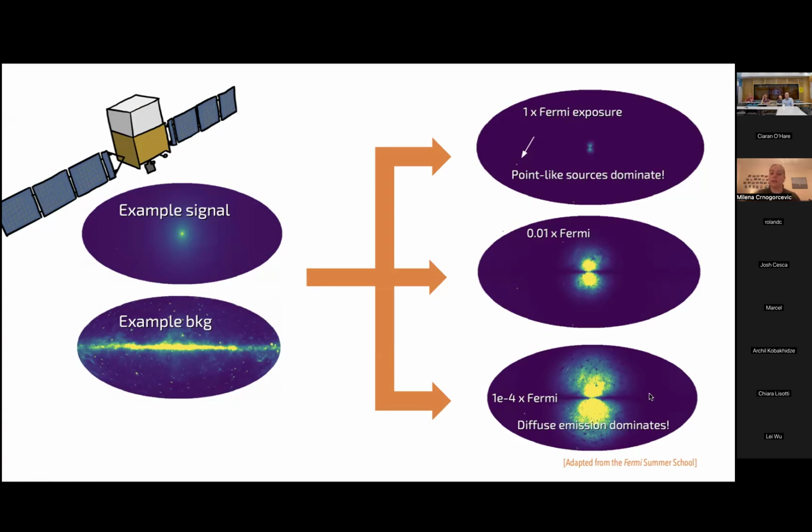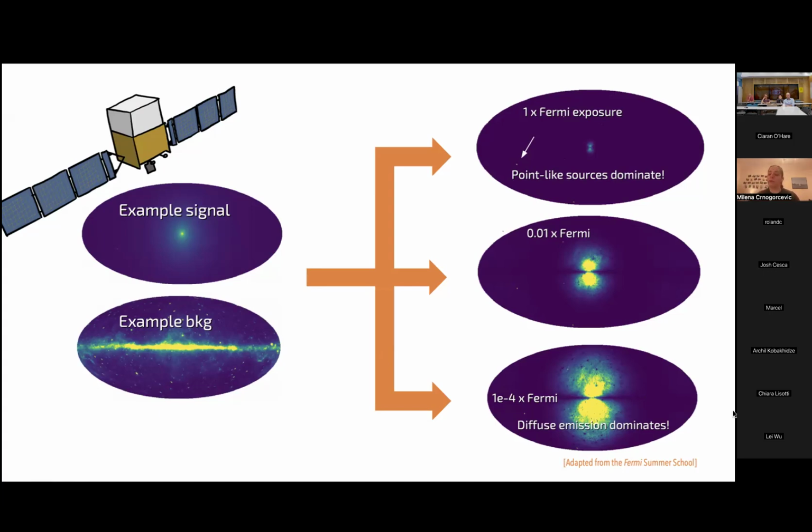And this is the question that has become very challenging with Fermi-LAT analysis. If you're looking for diffuse dark matter signals, you will also start seeing a lot of diffuse emission coming from the classical astrophysical processes, including the cosmic ray interactions with the gas and dust in the galactic plane.